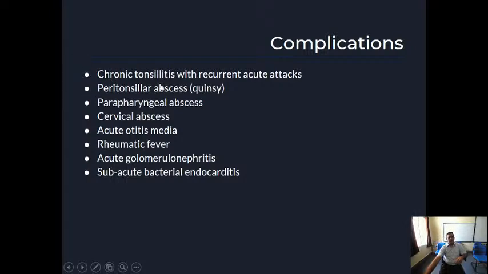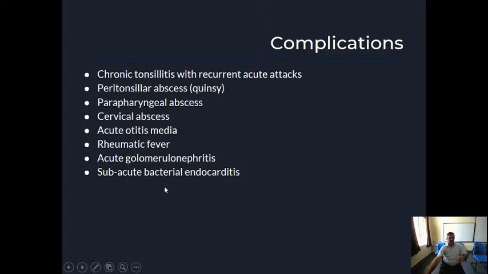Apart from that, the local complications: the peritonsillitis, where the infection spreads from the tonsil region into the loose areolar tissue that is present in the lateral aspect of the tonsil, and then the parapharyngeal abscess, how it goes via the constrictor muscle into the lateral wall of the tonsil, the bed of the tonsil, into the parapharyngeal space.